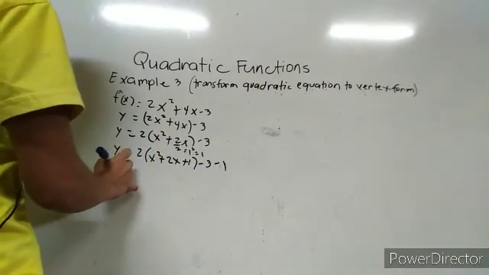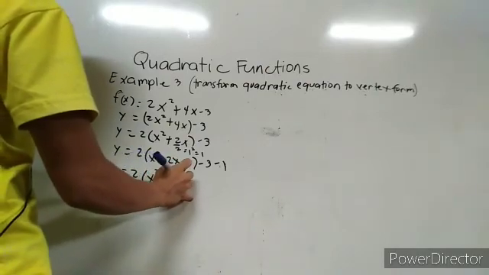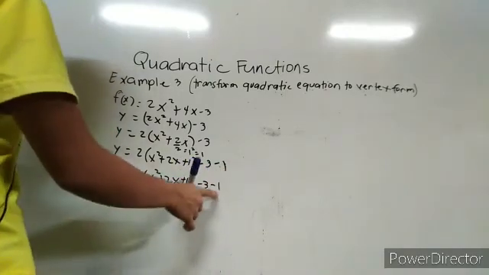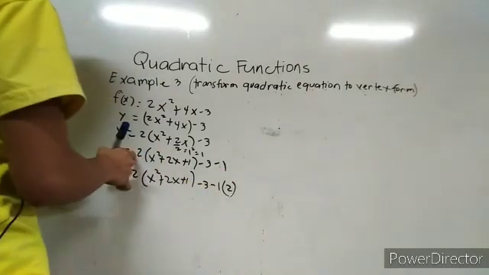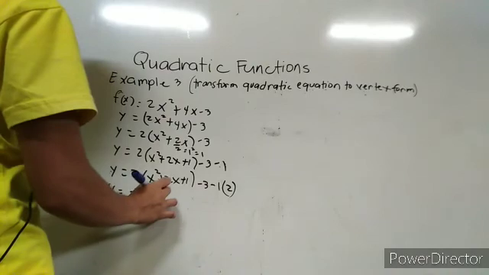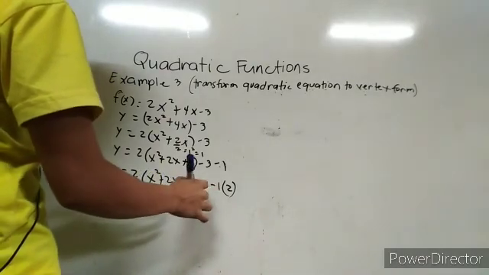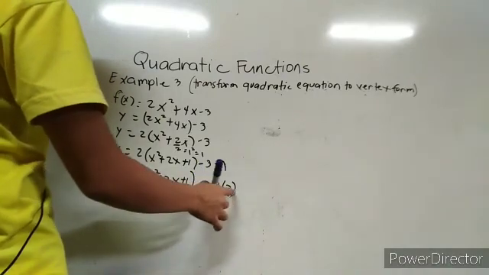Okay, so we have now y equals 2 times x squared plus 2x plus 1, minus 3 minus 1. Next we multiply by the positive 2 that is outside. So y equals 2 times x squared plus 2x plus 1, then negative 3 minus, what is 1 times 2?